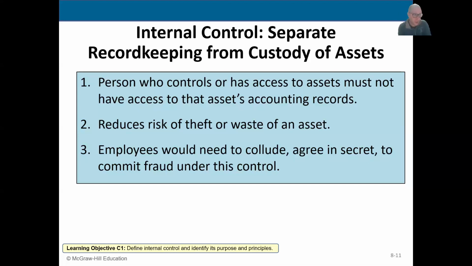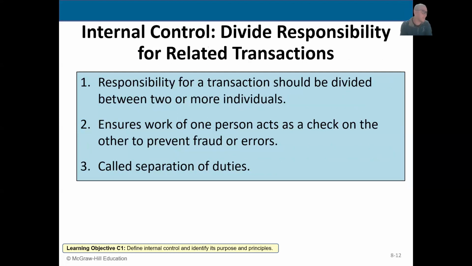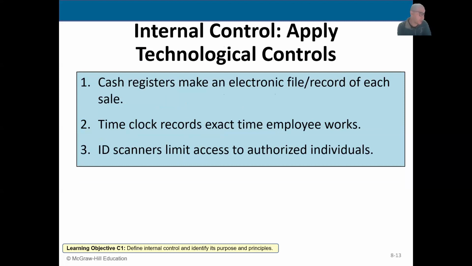This reduces the potential for theft and waste. Dividing the responsibility for related transactions helps to reduce the potential for error and fraud. Separation of duties. Internal controls: time clocks, ID scanners, security cameras, etc.